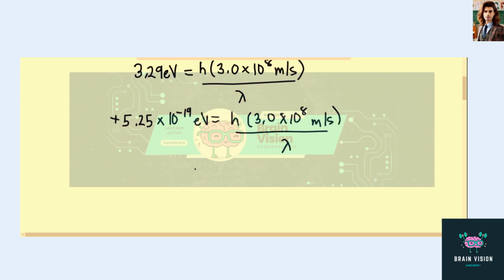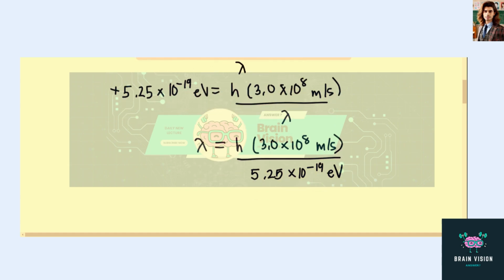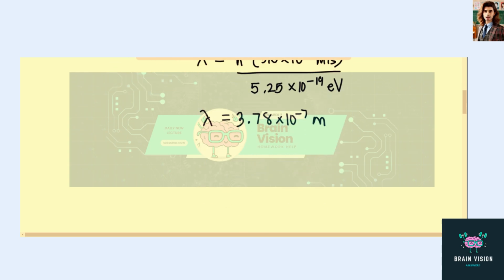So lambda is going to be h times the speed of light divided by the energy. That gives us a wavelength of 3.78 times 10 to the minus 7 meters, or more commonly, we usually write wavelengths for light in nanometers, so 3.78 nanometers, and that is our final answer for B.